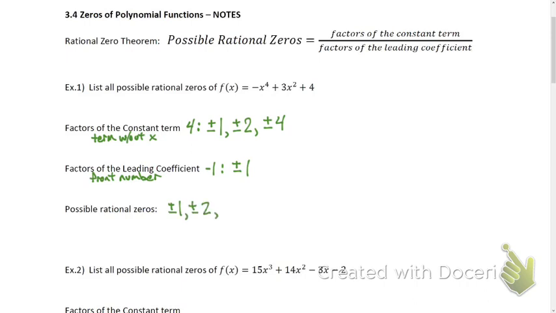This isn't always the case. Look at number 2. We have a 15 as a front number. That's going to change things. So let's move on to number 2. So by the way, these are the possible rational zeros. Maybe I should write this.